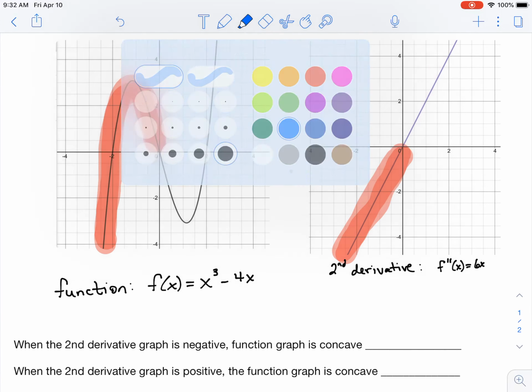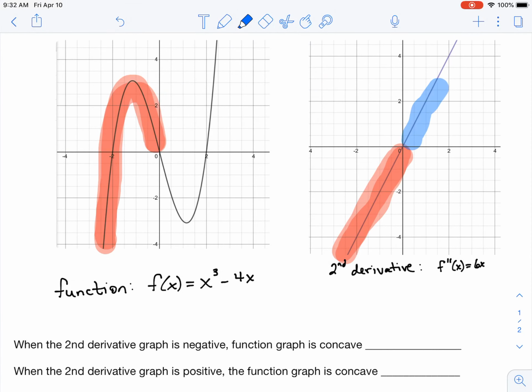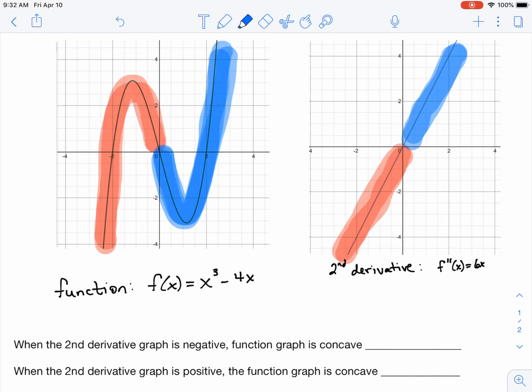When the second derivative is positive, notice the function is concave up. Or when the function is concave up, the second derivative is positive.